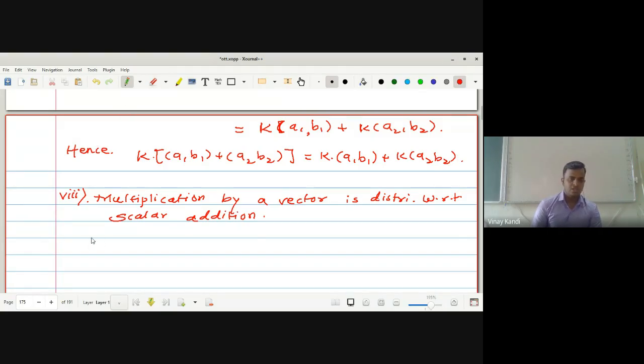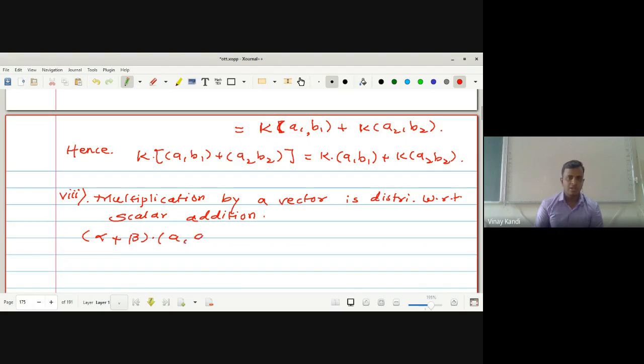Now take any two scalars from the set of real numbers, alpha plus beta instead of k, these are the two scalars, into the vector.